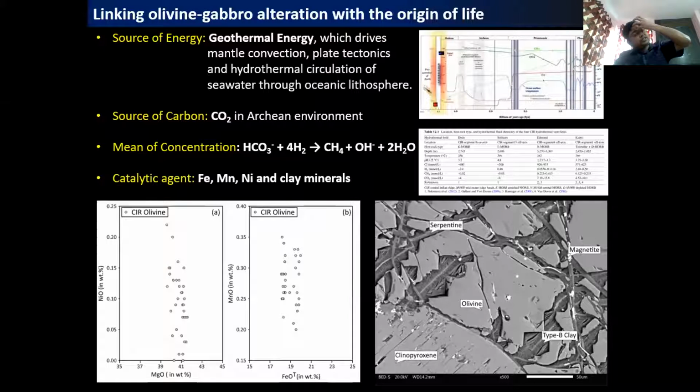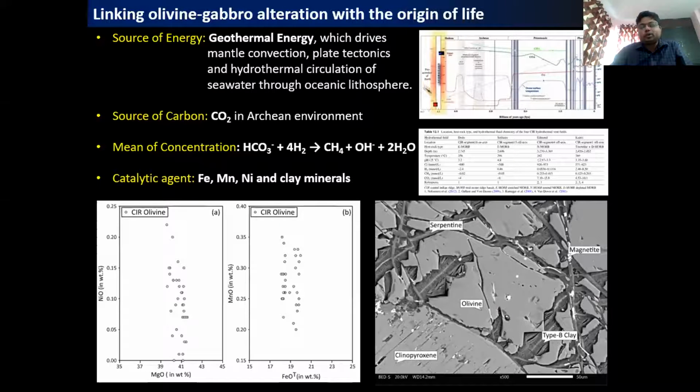Now, one of the questions people raise about the olivine gabbro system is that in peridotite systems, if you take dunite or harzburgite, the olivine modal proportion is more than 50%. But in olivine gabbro, you have only 20% or 30%. But people experimentally, when they try to produce hydrogen in the lab, found that the serpentinization reaction produces almost 2 to 3 mole per reaction.